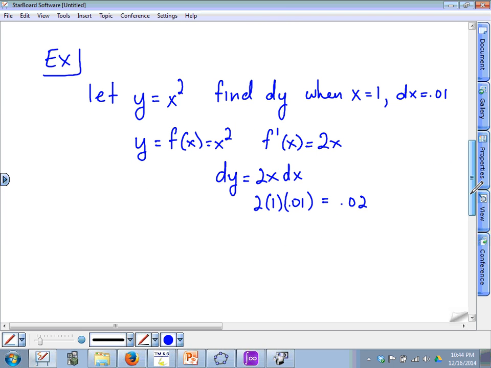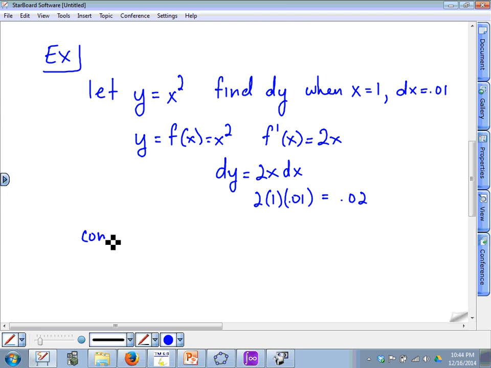Okay. So compare this value with delta y for the same x value.